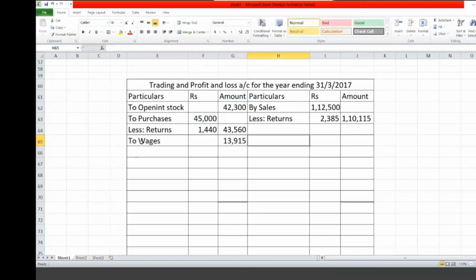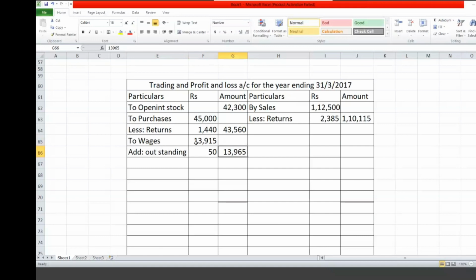Check it out. It is 50 rupees. So write down in the inner column 13,915, add outstanding, 50 rupees. Then it will be 13,965.